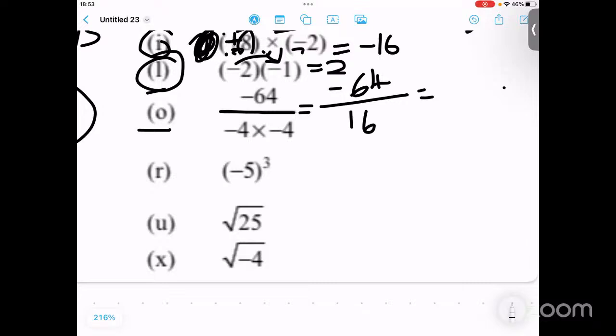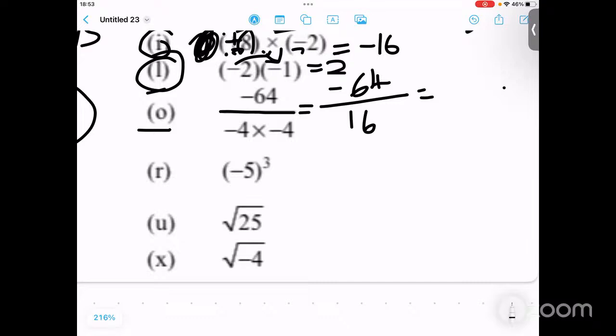And then after you get your 16, you are going to multiply it by negative 4, 16 times negative 4. Then you are going to get 64, ma'am. The answer is 64. Yes, ma'am. Ma'am, I also got 64.